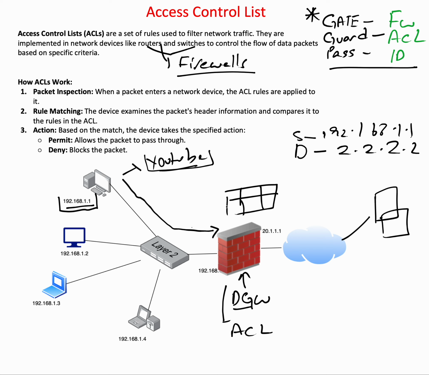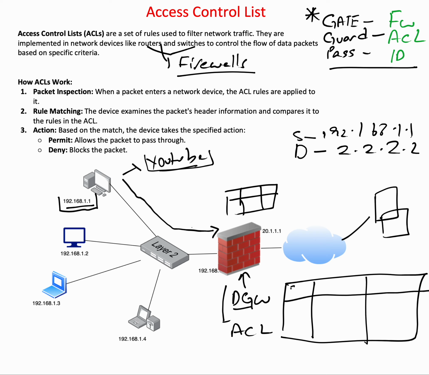So in the ACL table, let's put it here: source IP, destination IP, action.